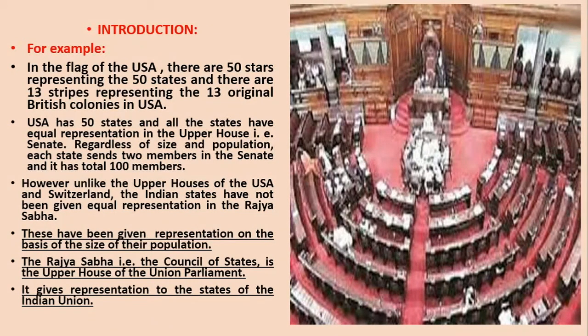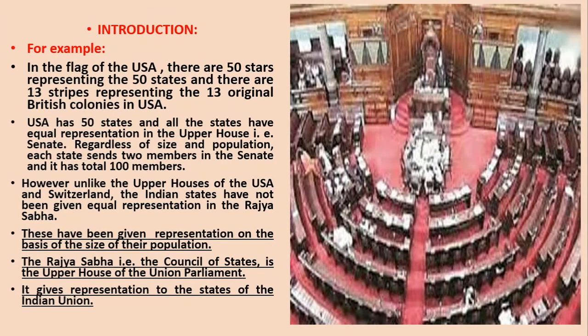Regardless of size and population, each state sends 2 members in Senate, and it has a total of 100 members. So it's very simple. In US, the upper house is called Senate, and as we know, there are 50 states. So 50 into 2 makes 100. So there are a total of 100 members in the upper house of US, that is the US Senate.